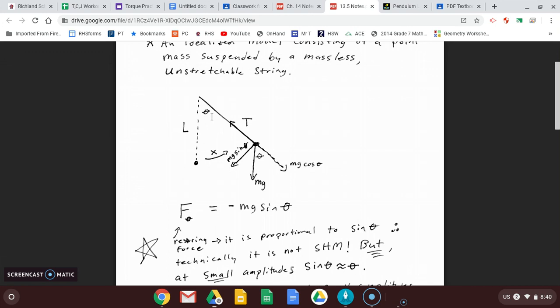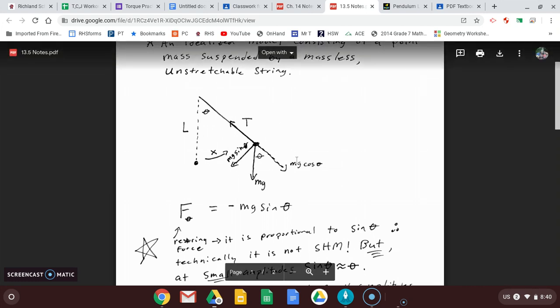If this is theta, this is theta. You could think of the mg vector, the weight vector, as a transversal, and that's just some basic geometry. So regardless of how you want to view the axes, if that is theta there, you do some basic trig to get mg sine theta here and mg cosine theta here.